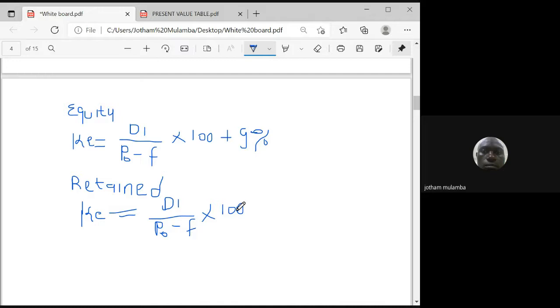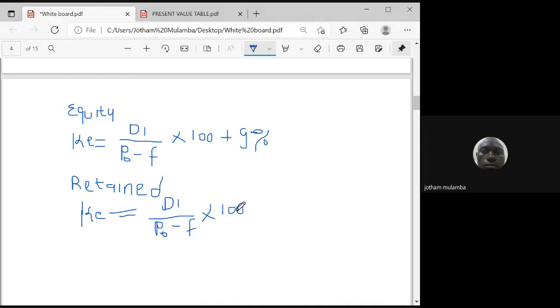D1 is dividend per share. F is flotation cost. Then that 100 is to convert into percentage.